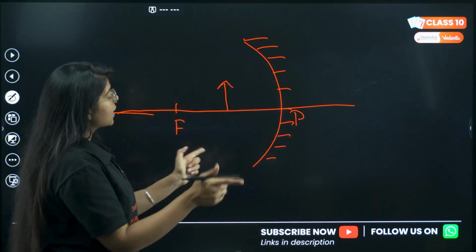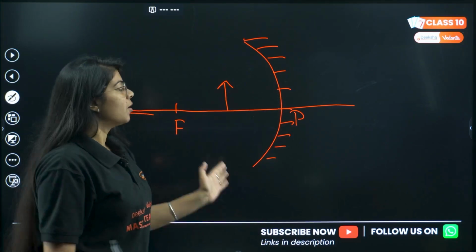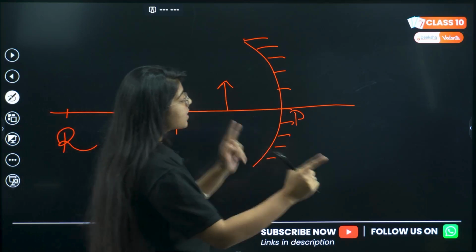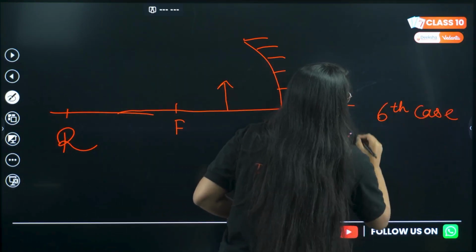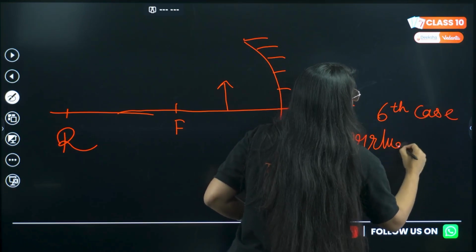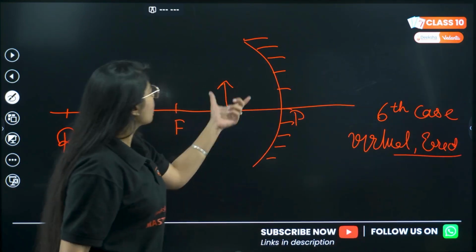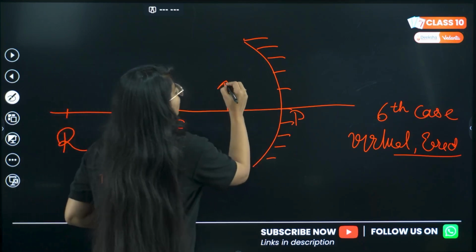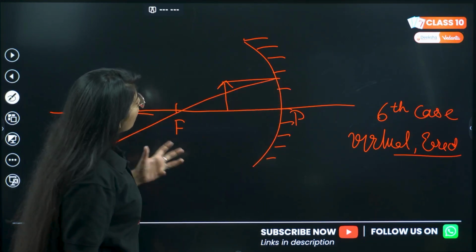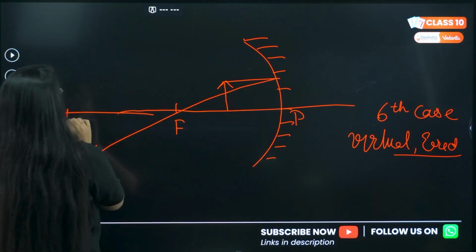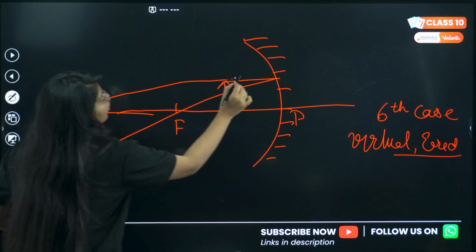How? Because usually a real and inverted image forms in a concave mirror, but in the 6th case, which is an exception, a virtual and erect image forms if the object is placed between pole and focus. So one ray gets reflected back through the focus, and next from the radius of curvature, one ray passes through the object.